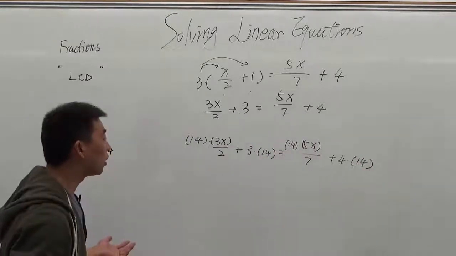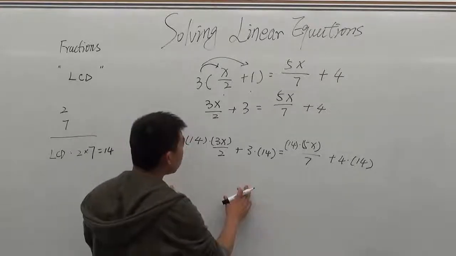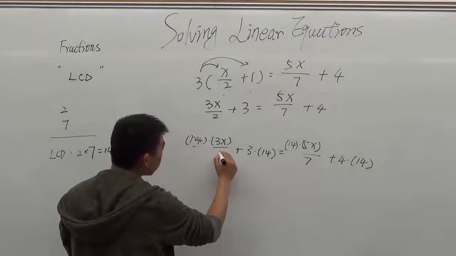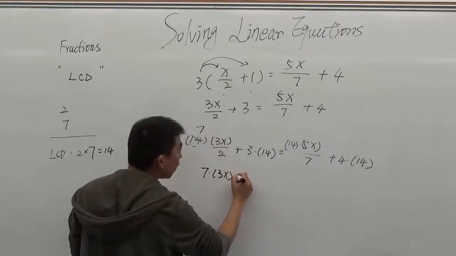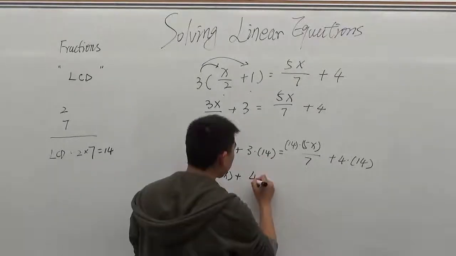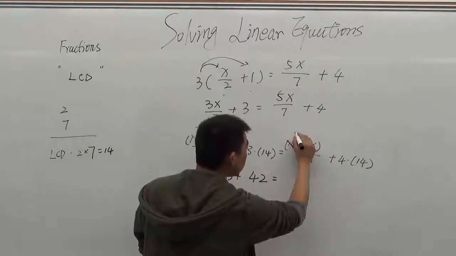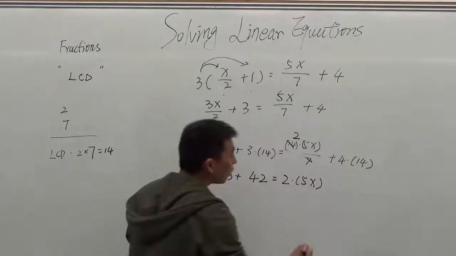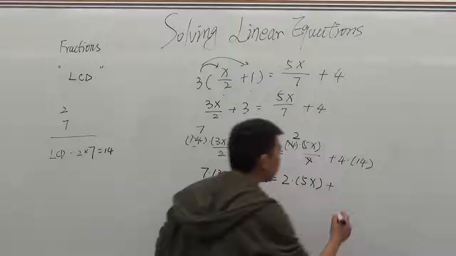After you multiply the LCD for both sides of the equation, you need to simplify it here. 14 divided by 2, that gives us 7. So we have 7 times 3x plus 3 times 14, that gives us 42. Then equals 14 divided by 7, that gives us 2. 2 times 5x plus 4 times 14, that gives us 56.